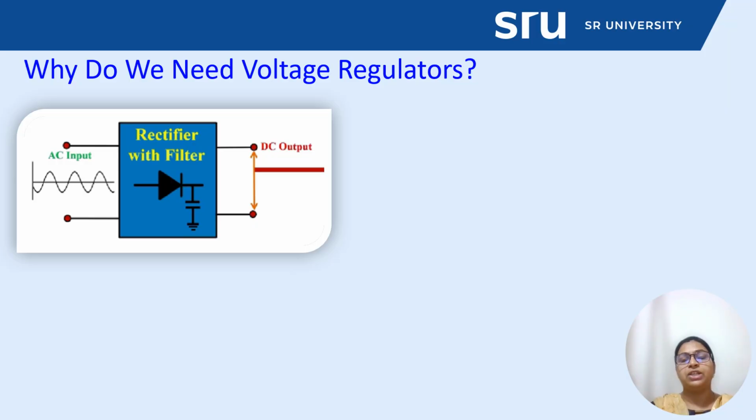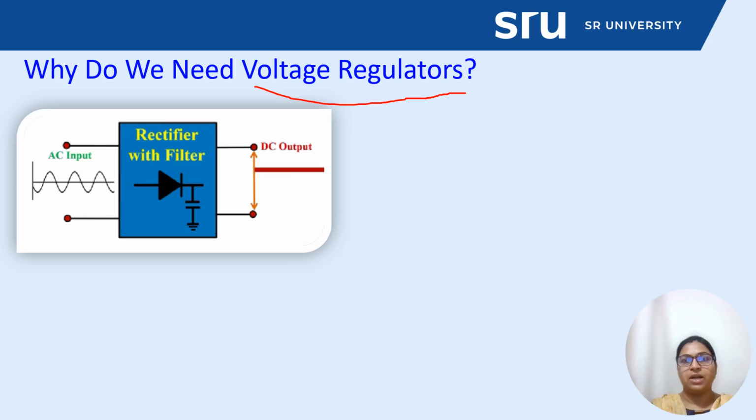If the voltage drops too low, the device might reset, behave unpredictably, or fail to operate altogether, right? So that's where the voltage regulator comes in. A voltage regulator is like the bodyguard of your circuit.